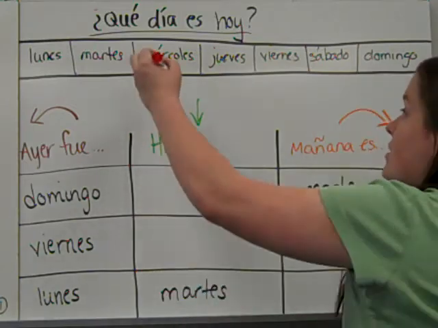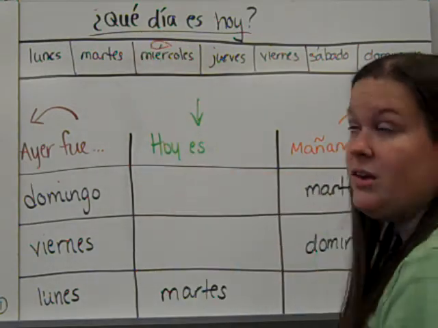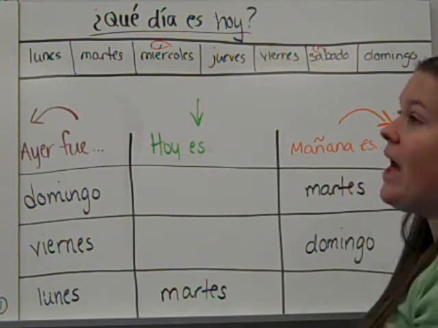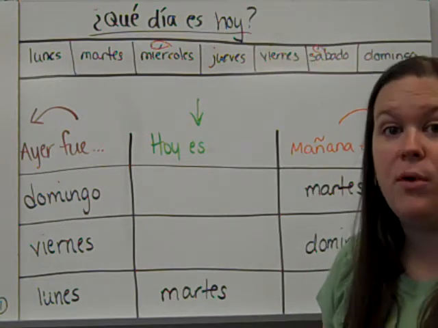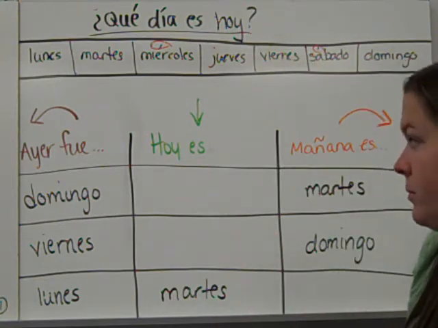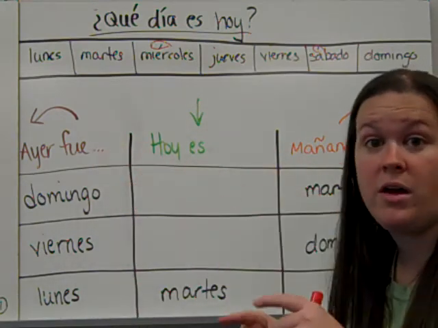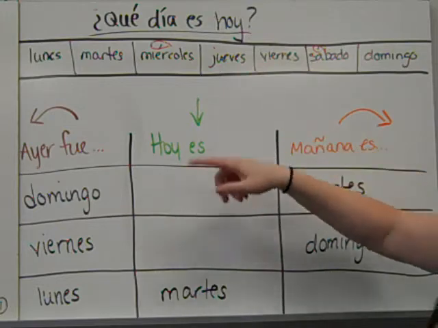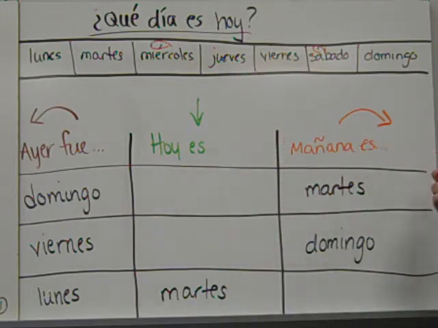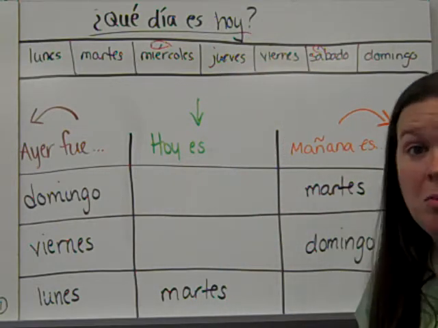Please note that there is an accent on miércoles and there is an accent on sábado, both in the pronunciation and the writing. So you have three phrases. Ayer fue, yesterday was, hoy es, today is, and mañana es, tomorrow is.